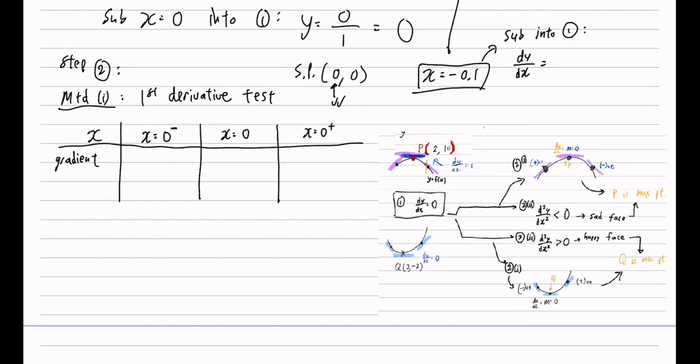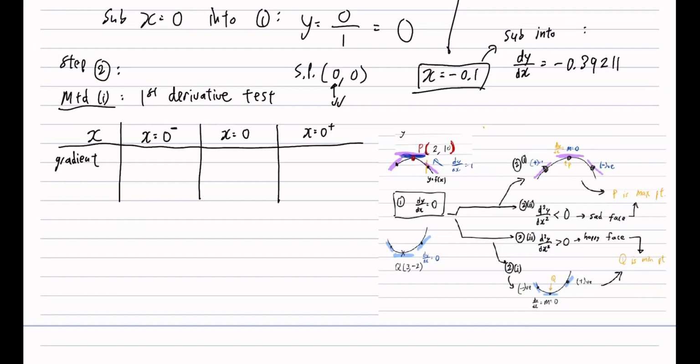Sorry. Did you do it correctly? I think I did it wrongly. 4 times negative 0.1, over negative 0.1 squared plus 1, bracket squared. Did you get this value? Sub in into dy by dx.